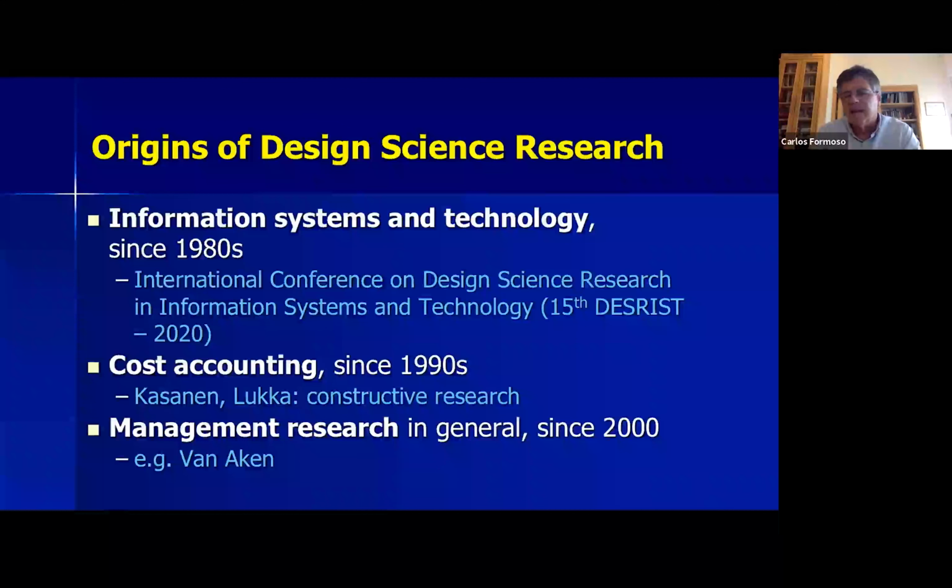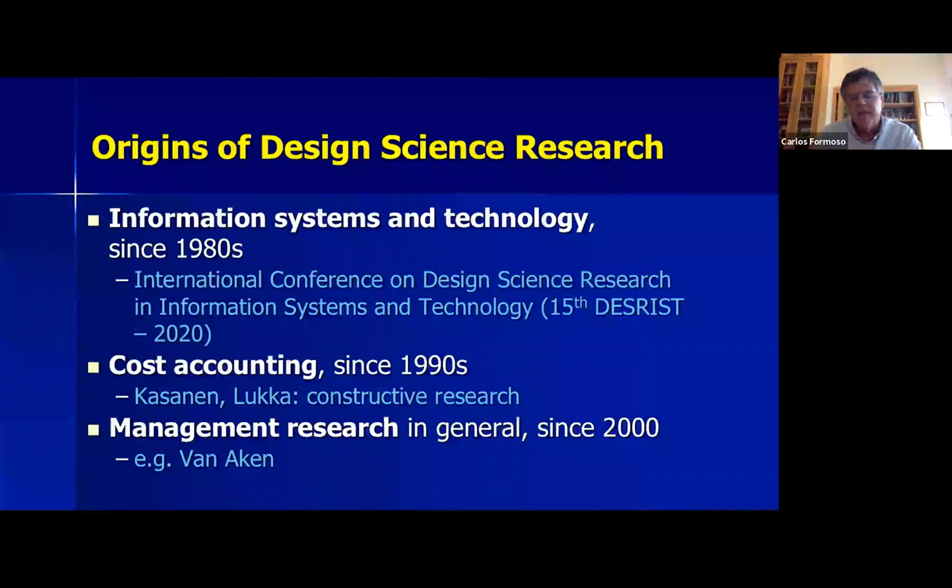Another field that has many papers published is cost accounting, which is part of the field of management, and also management in general. It's interesting because the motivation for using design science research in the field of management is completely different from information systems and technology.